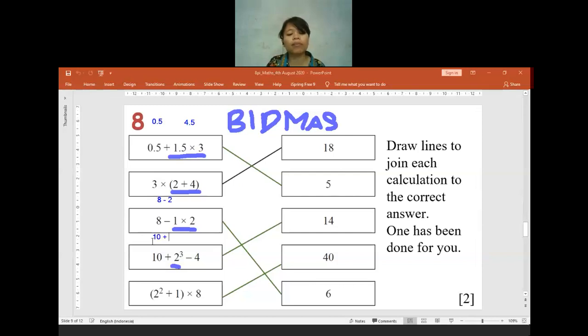So it will be 10 plus 8 minus 4. We have addition and subtraction. We do whatever comes first, and the thing that comes first is addition. So we solve the addition first. 10 plus 8 equals 18. And then 18 minus 4 equals 14.